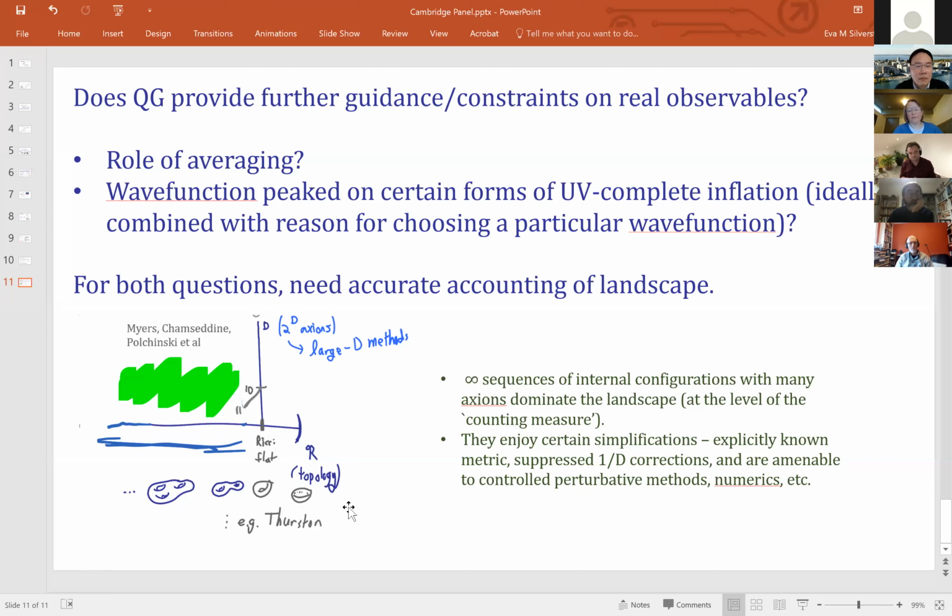Coming back to the landscape, one thing that I want to stress is that if we just focus on the very special case of 10-dimensional starting points that preserve low energy supersymmetry and flat manifolds, so Calabi-Yaus, we are just working on a set of measure zero of this full space of vacua and of configurations.